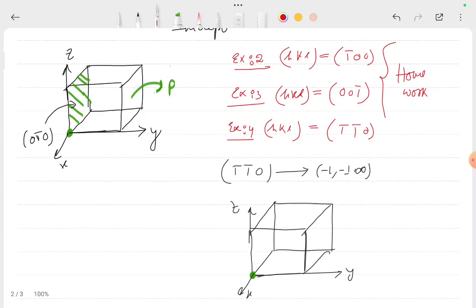Let's remember negative x-axis. So this is your positive side, this is your positive side, and this side is negative. This is the negative side, the negative face of the x-axis.